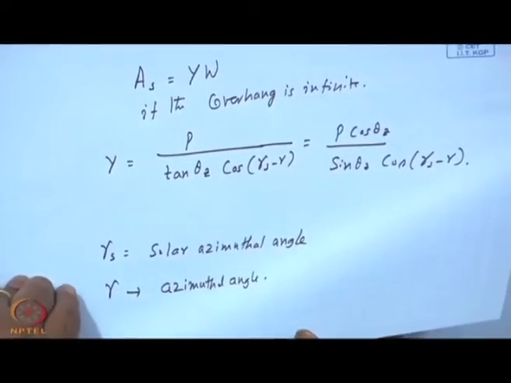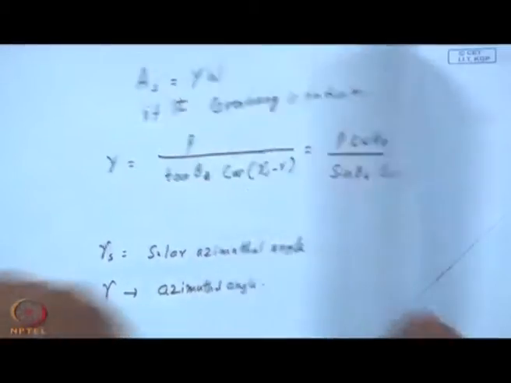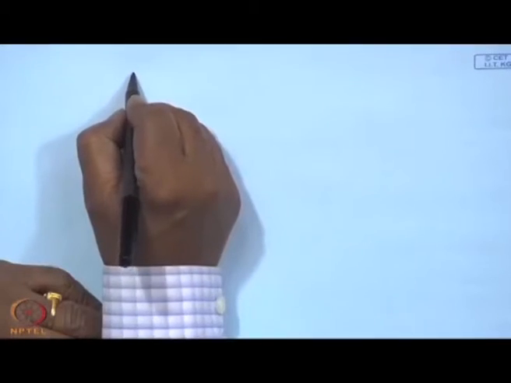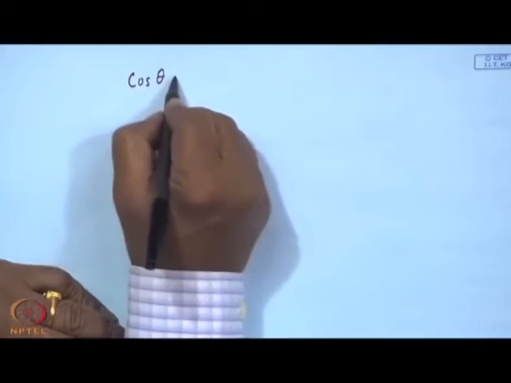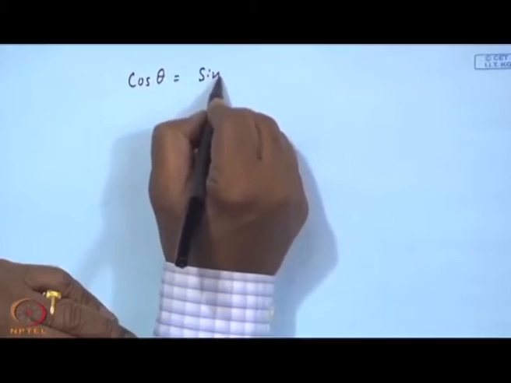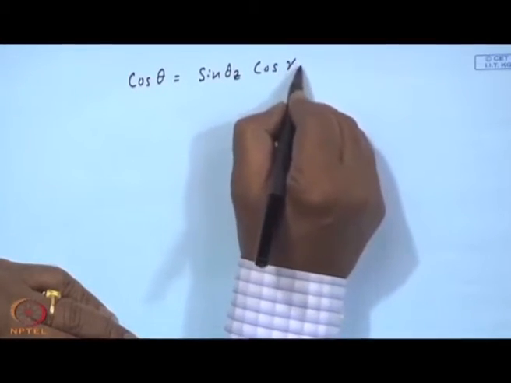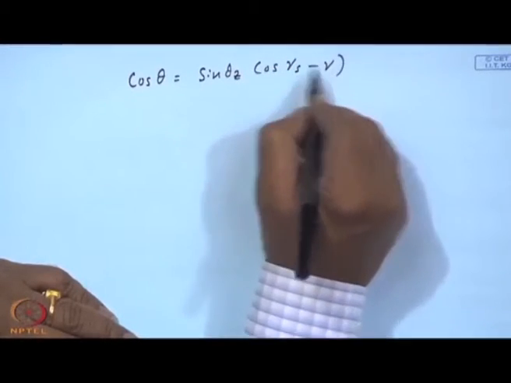Similarly, I can take the sun's ray and its projection on the horizontal plane, and that shall be your solar azimuthal angle, which I think can be easily shown: your angle of incidence cos theta is related to sin theta_z times cos(gamma_s minus gamma).